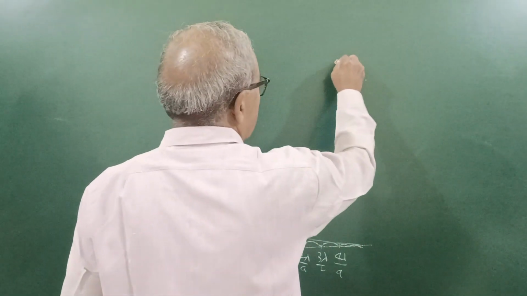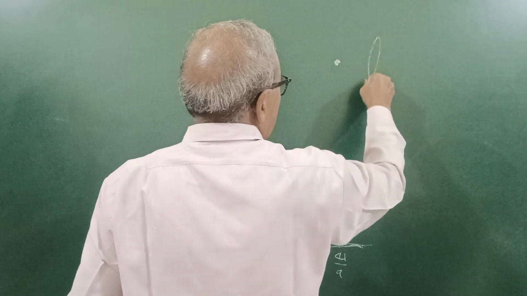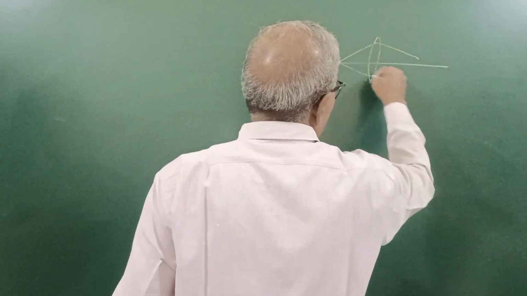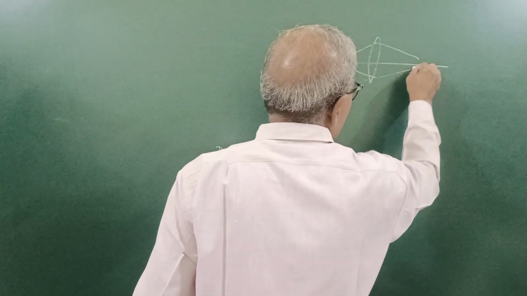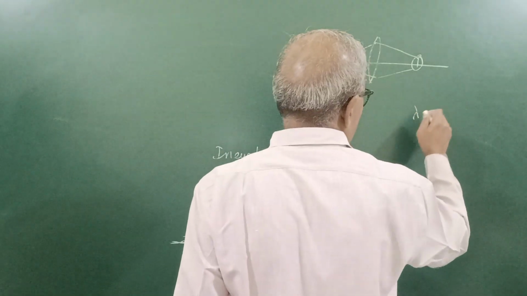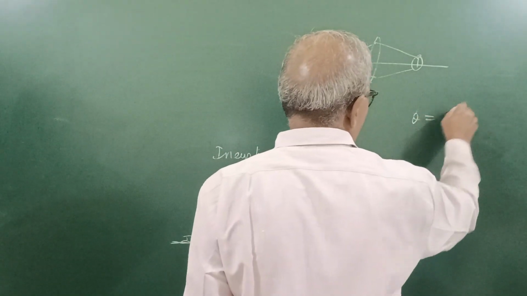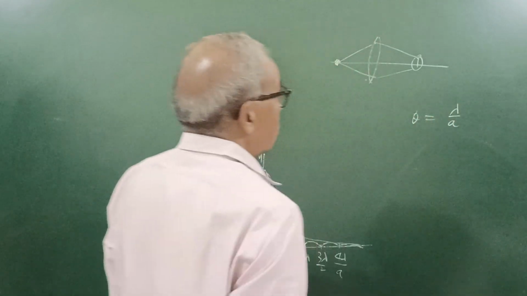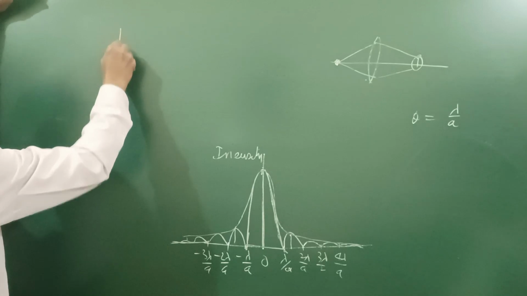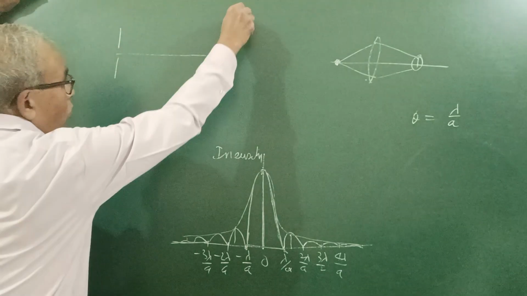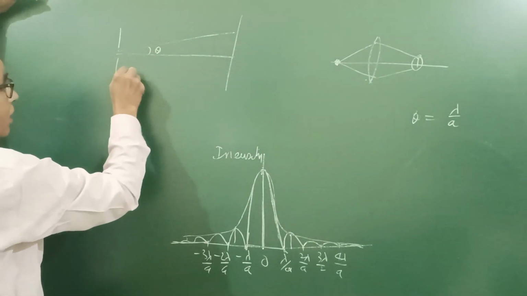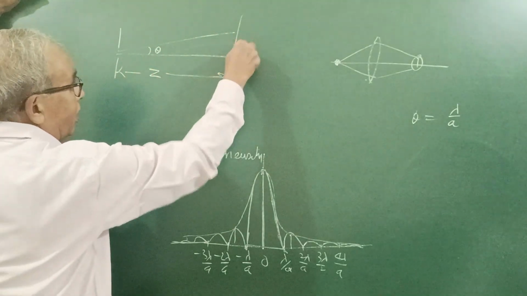Due to diffraction, the image formed of a point object by a lens, suppose it is a lens here and a point object, will have an angular spread having angular radius theta equal to lambda by a. We can find out the linear distance also. If this is theta, this distance is z, and this is y.